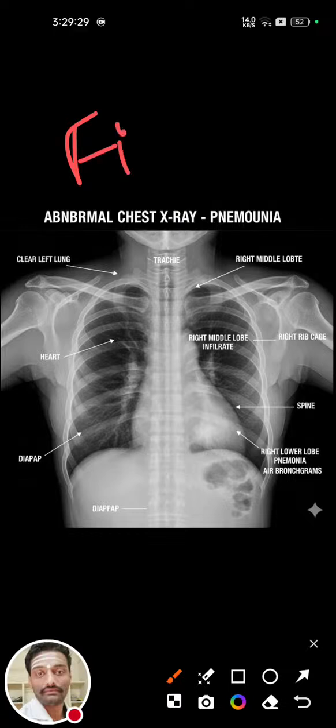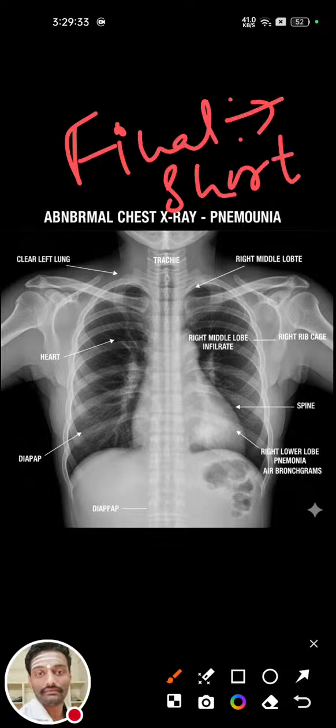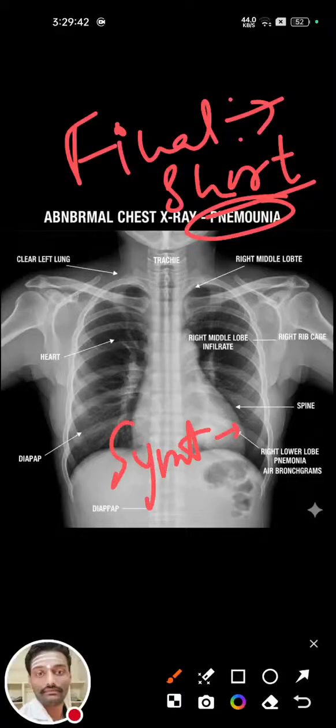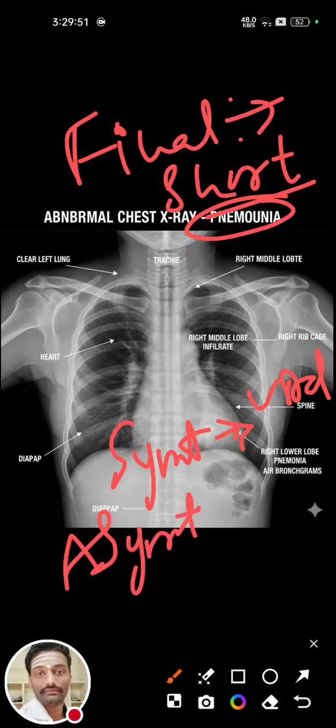The final diagnosis, a short trick for identifying a pneumonia case: if there is symmetrical involvement, it is viral or atypical pneumonia. If it is asymmetrical involvement, it is bacterial pneumonia.